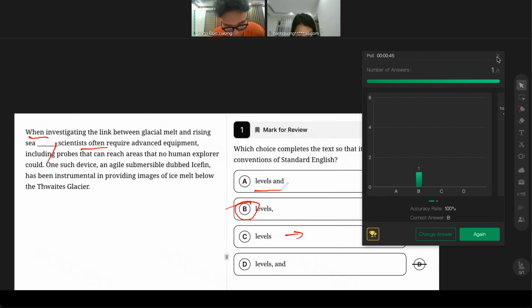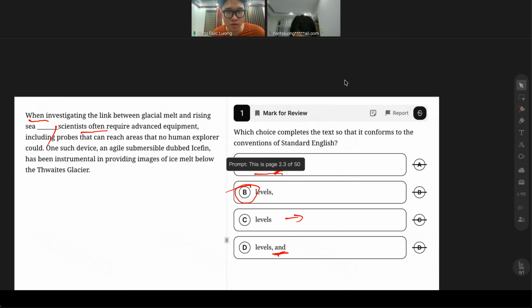You can also connect independent clauses with an "and." So it will test your grammar knowledge, and you will have to choose the answer that is grammatically correct.